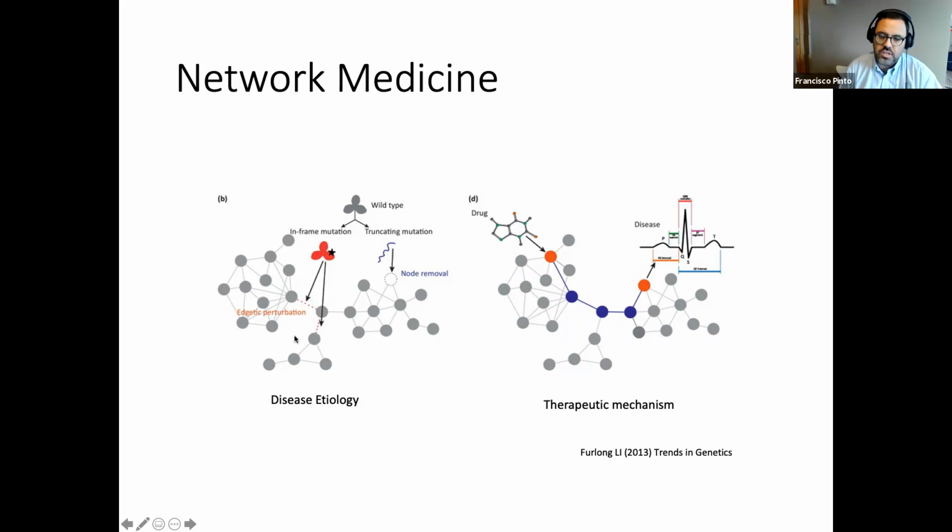And we call these mutations edgetic mutations. So it is a mutation that doesn't change, for example, the catalytic center of the protein, but changes the interface of the protein to contact with other proteins.